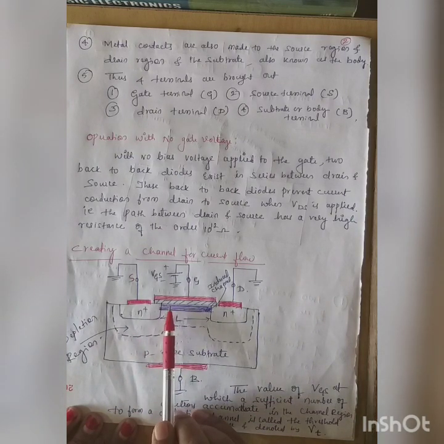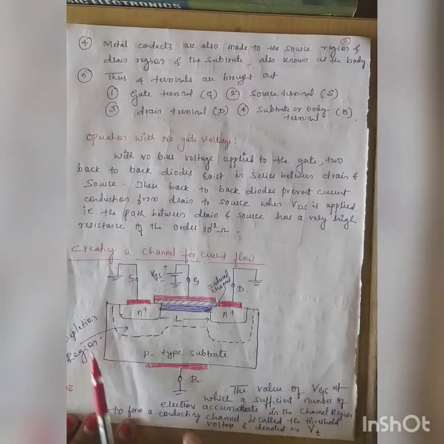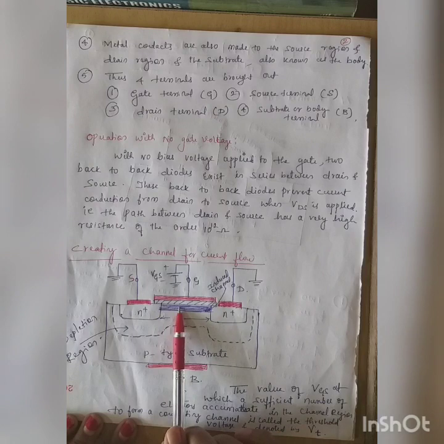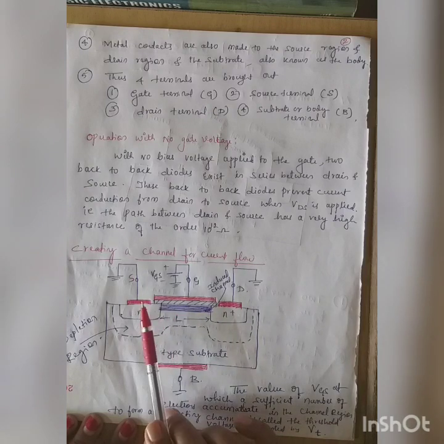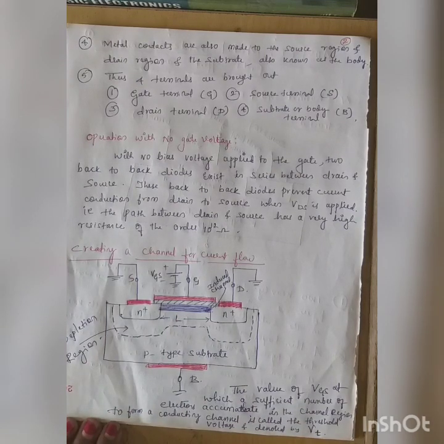Now initially when we start VGS from 0 and go on increasing it, until it reaches a certain value, the channel is not going to be formed. So there is one threshold value which depends on the construction of the MOSFET. Unless VGS crosses that threshold voltage, the channel is not formed, and that voltage we call the threshold voltage.